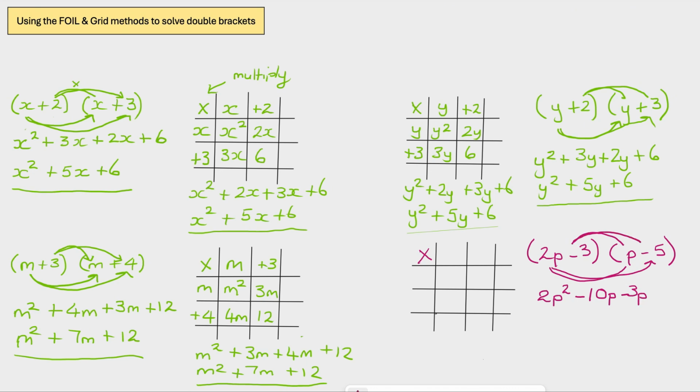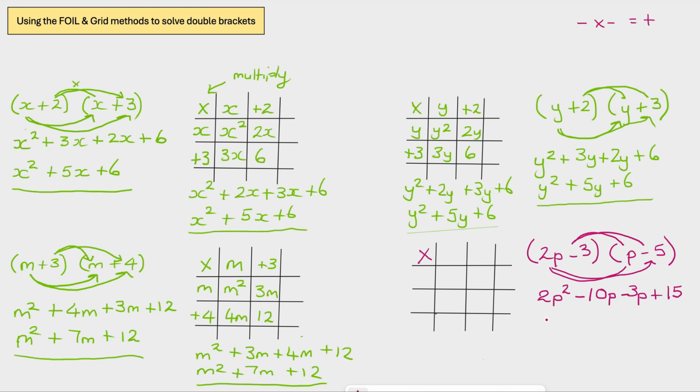Minus 3 times minus 5 equals plus 15. If you're doing solving double brackets at this level, you would know that times a negative equals a plus, okay? And that's what we've just done there. Minus 3 times minus 5 equals plus 15.